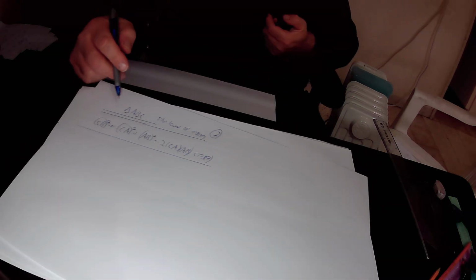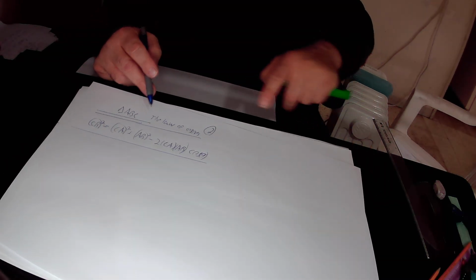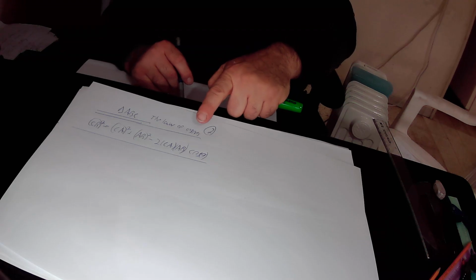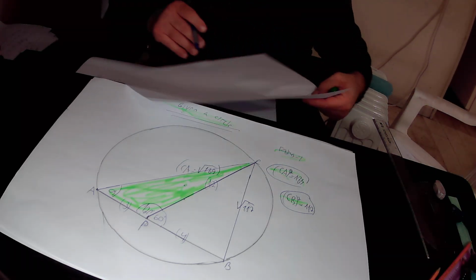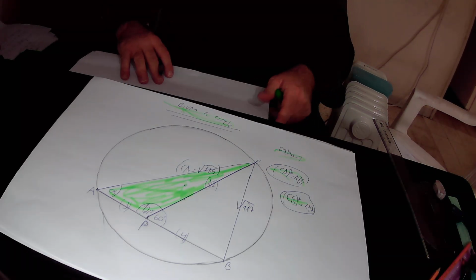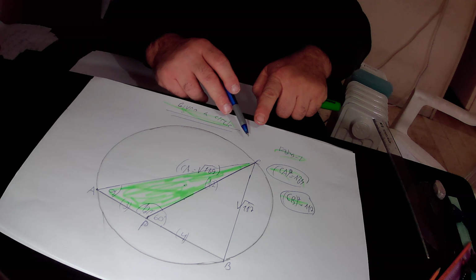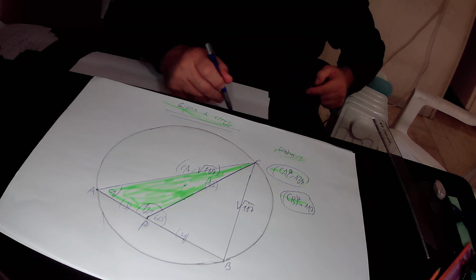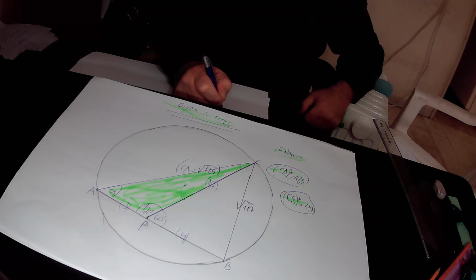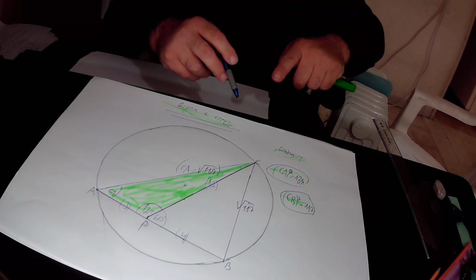CB squared equals CA squared plus AB squared minus 2 times CA times AB times cosine alpha. We already found that CB squared equals 112, and it equals CA squared.